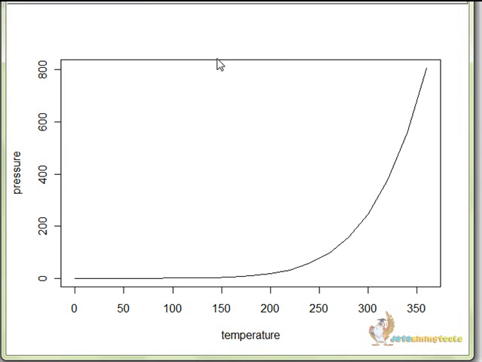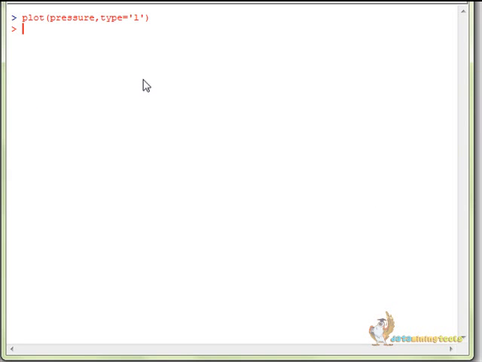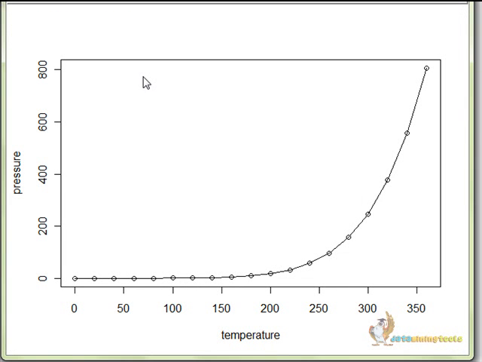So here is the plot. Now this is temperature, pressure. This is an inbuilt default data set which we can use. Now let's try the other types. Let us go with small o. Right? So you can see it is overplotted. There are lines and the dots also.